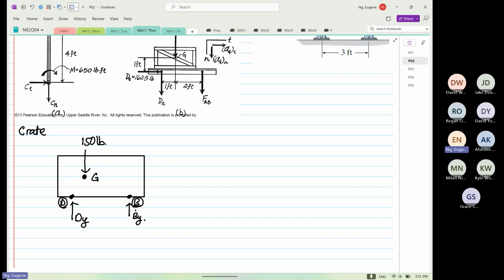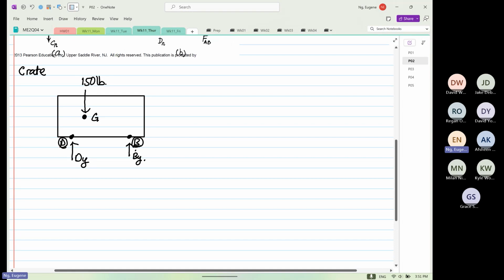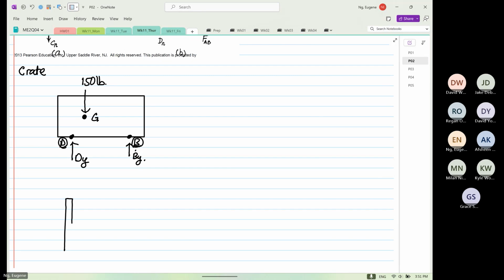Then after that, we draw our links. Right? So we know that our link should be under what? Tension or compression?